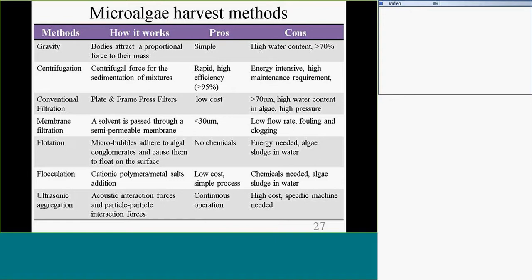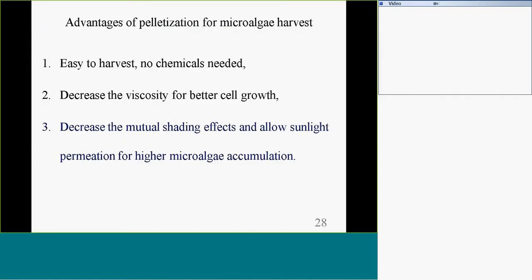And eventually, pelletization or co-pelletization through the fungi and algae will probably help the harvesting process, because it has a lot of benefits. Easy to harvest when it's co-pelletized together. It will basically settle down on the bottom of the container, and then you can pump them out.